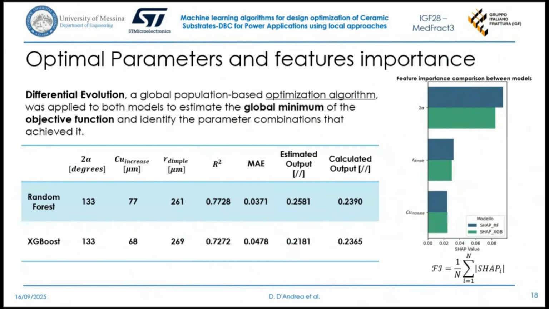And for this case study, random forest seemed to be more effective on our data distribution, but it is also due to the fact that we investigated just 3 variables together, and maybe XGBoost was too redundant on that. On the right, we can also observe how they both worked similarly, but random forest gives more importance to the notch angle variable, while they worked similarly on the dimple radius and the copper increase.